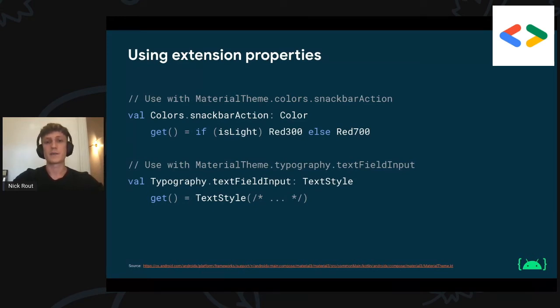We can basically take that colors class, which is that system class, or the typography class, and create extension properties on top of those, which then allow us to access those in the same way that we would do our normal material theming values. So something like a snack bar action color or a text field input color.